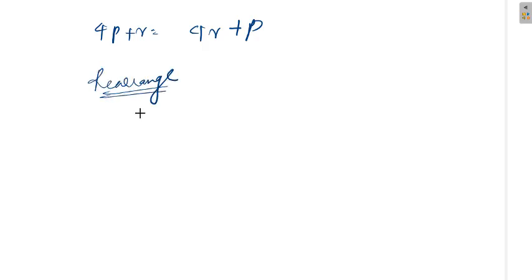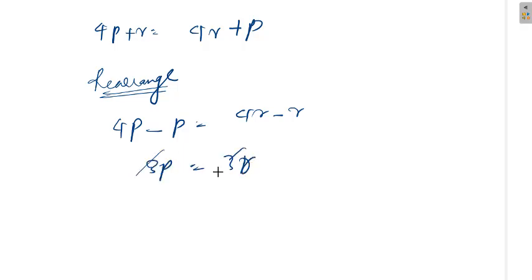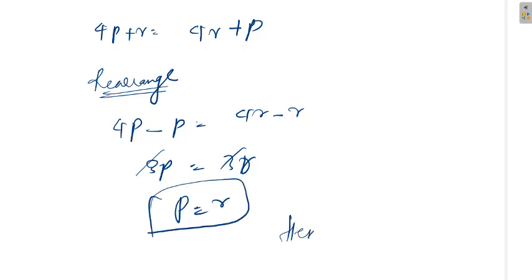So what do you get? 4p plus r equal to 4r plus p. If you rearrange it, take p on one side and r on the other side, you will get 3p equal to 3r. 3 cancels, and p equal to r.